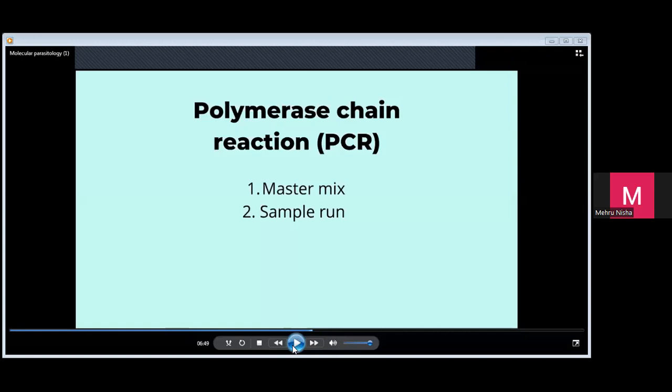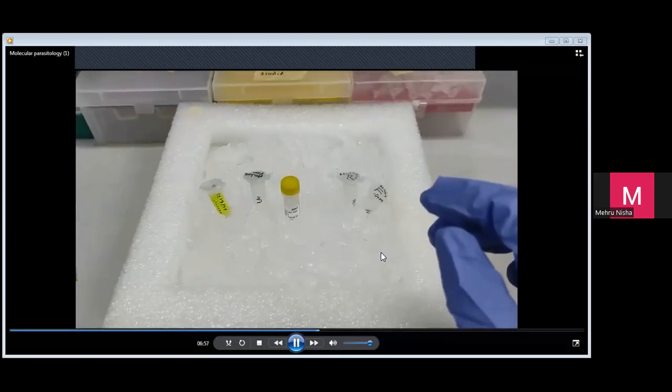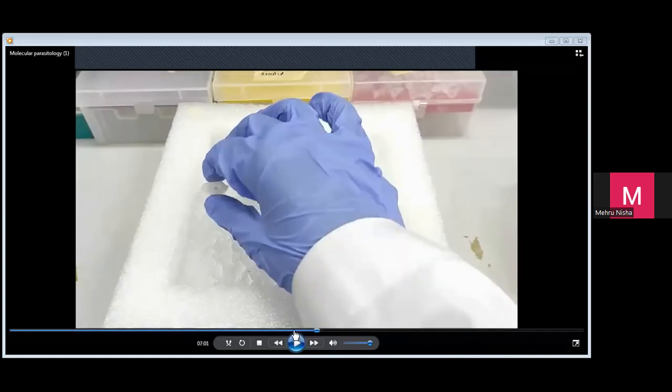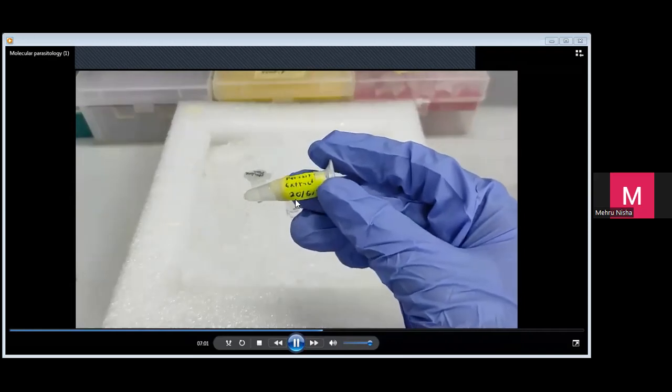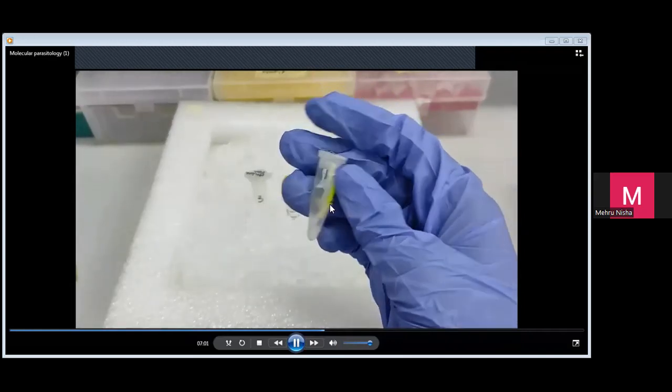So as I said, PCR, sekarang kita ada master mix and kita akan add the DNA dan air. That's all. Okay. So usually the DNA is here. Okay, extracted DNA tadi.